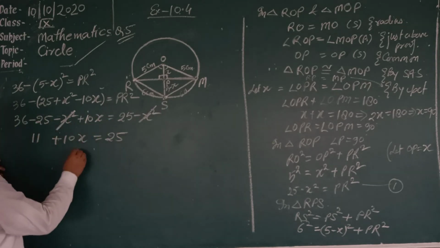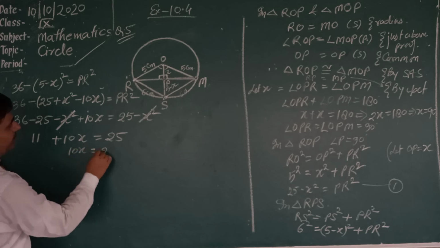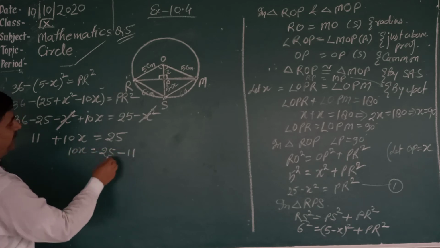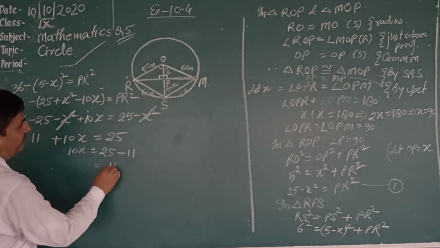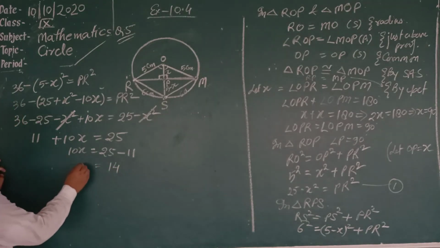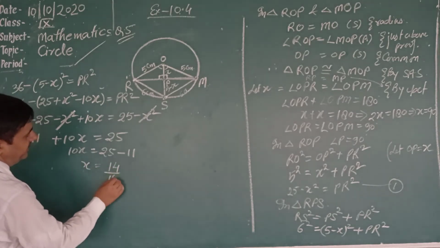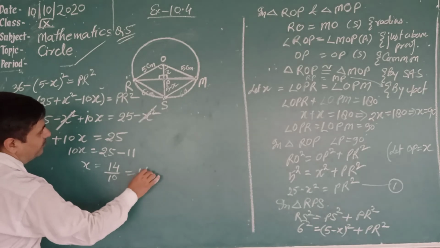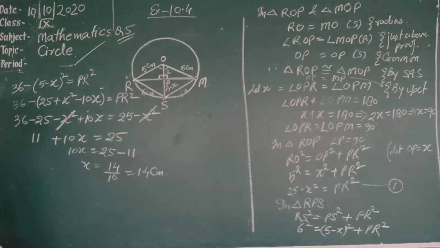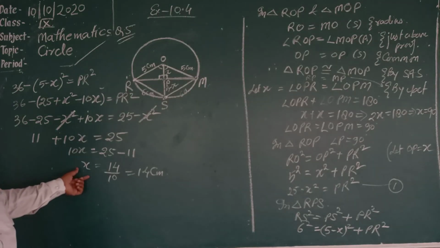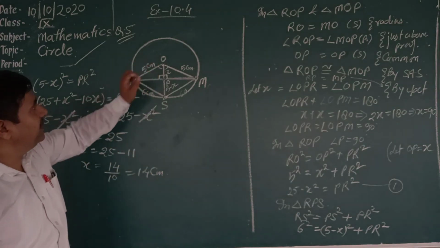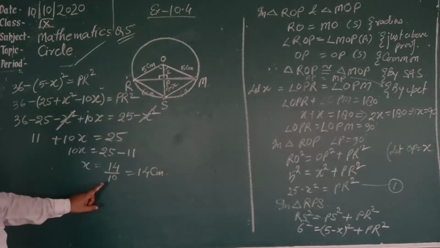So now 11 goes to this side, 10x equals 25 minus 11, that is 14, okay, so x equals 14 by 10, that is 1.4 centimeter.